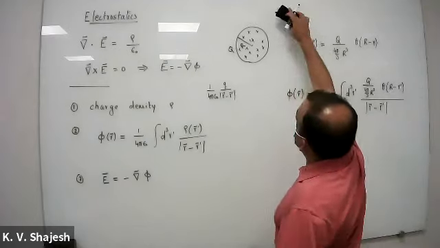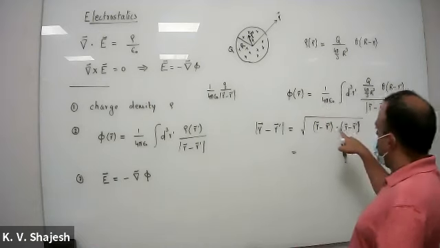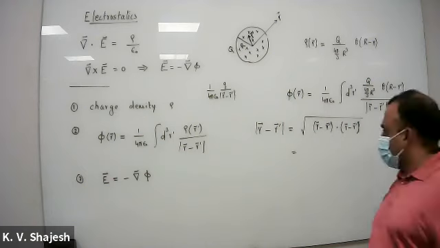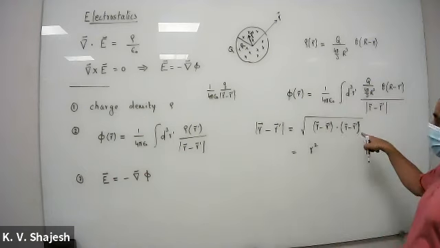That's one way of defining that. That's the same as R dotted with R, which makes it R square. R prime dotted with R prime makes it R prime square. That's two of the terms.